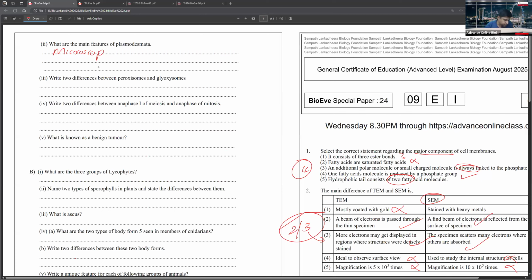Next one, write two differences between anaphase 1 of meiosis and anaphase of mitosis. Anaphase 1 of meiosis: no sister chromatid separation, homologous chromosomes separate. Anaphase of mitosis: sister chromatids separate.